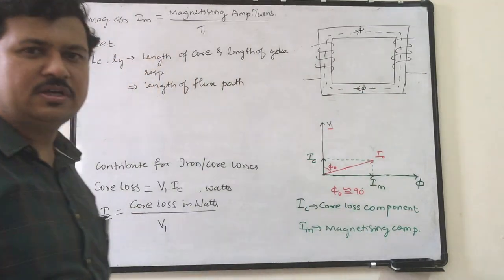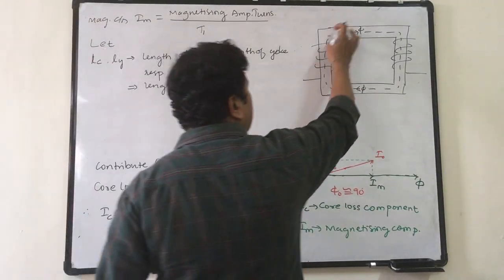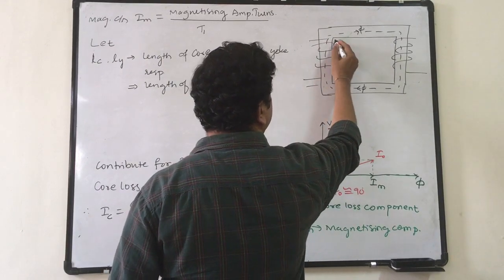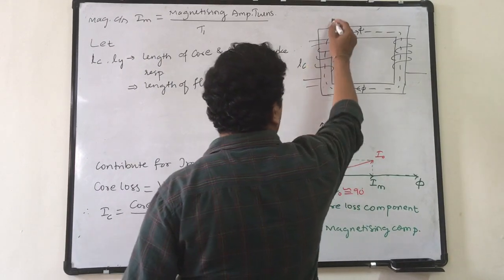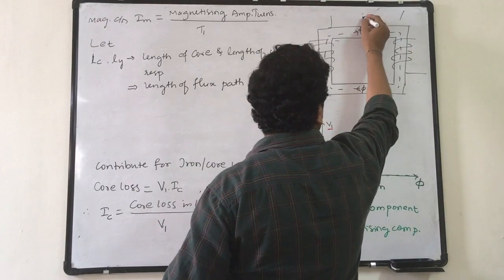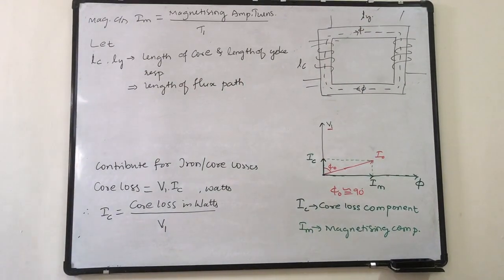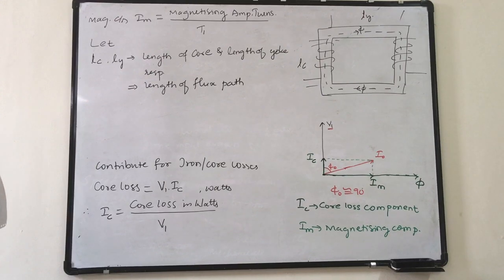The length of flux path is the complete length of this path. So this will be the length of core and this will be the length of yoke. LC and LY are the length of core and length of yoke respectively.